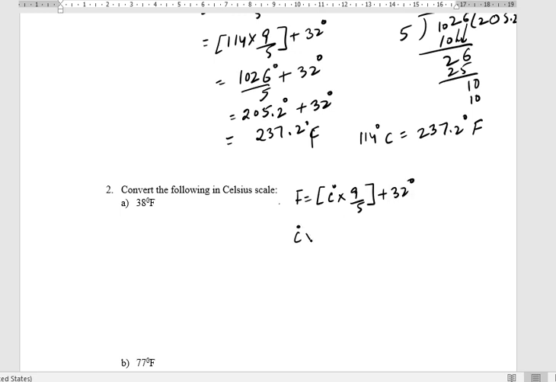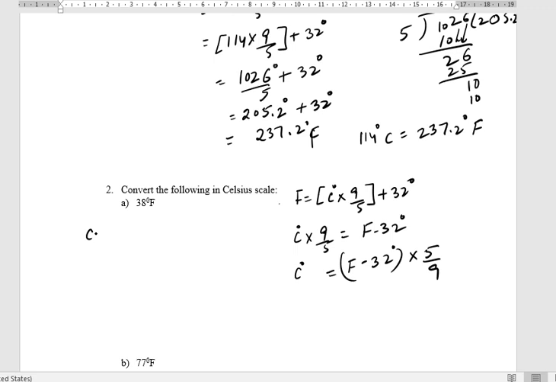So degree C into 9 upon 5 equals to F minus 32. And in the previous chapter of mathematics we have done, if it is multiply, that side will become inverse of that. So it will become F minus 32 degree into 5 upon 9. So this formula we are going to use to convert Fahrenheit into Celsius.